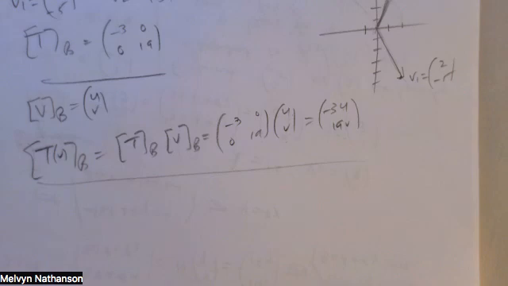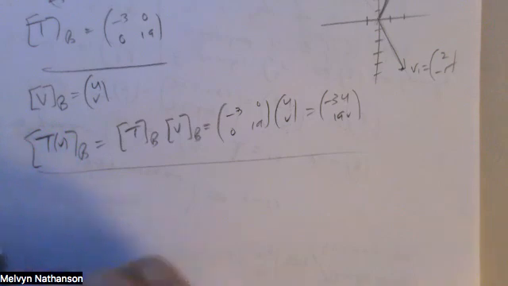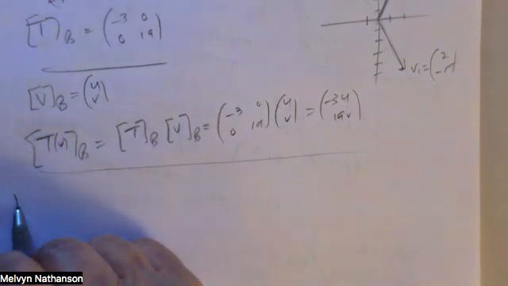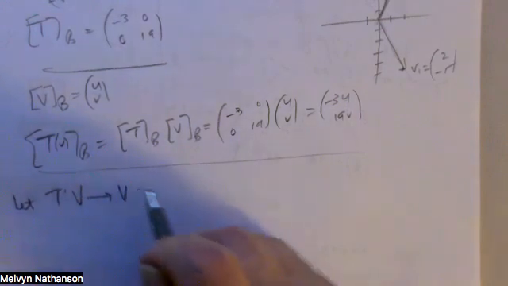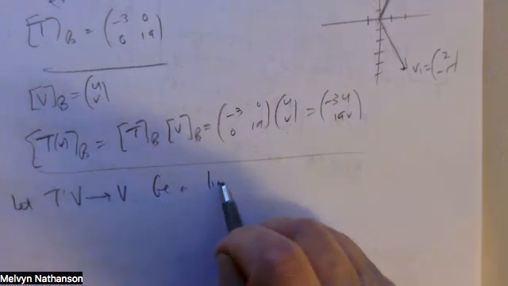And the fact that the two eigenvectors were linearly independent is a consequence of the following observation. Suppose that T from V to V is a linear operator.